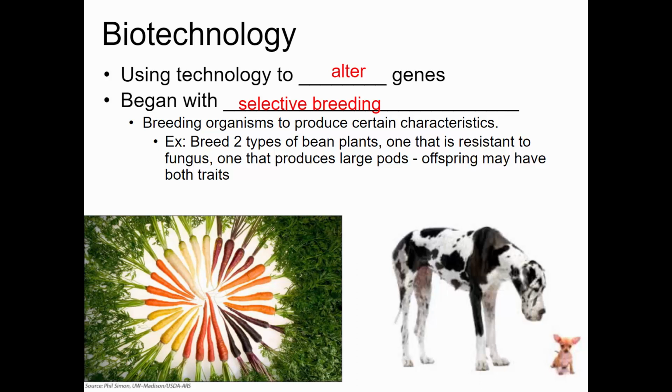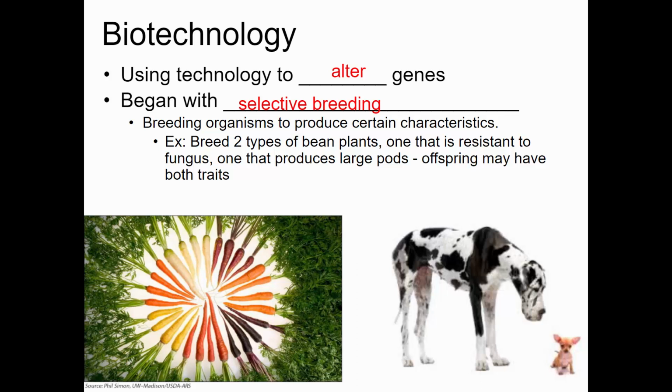And humans selectively chose which wolves they would allow to breed and they would allow to live. And over a period of thousands of generations, wolves started to change into what we call today dogs.